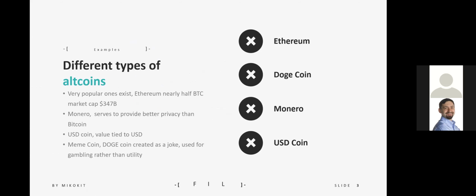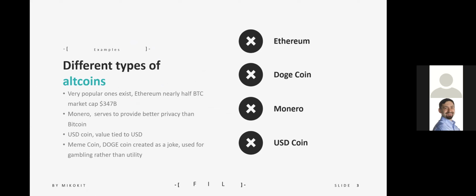Different types of altcoins: different altcoins fit different purposes or are created for different reasons. In terms of the very popular ones, like I said, Ethereum is also very big, almost as well known as Bitcoin, and also nearly half of its market cap at 347 billion currently.